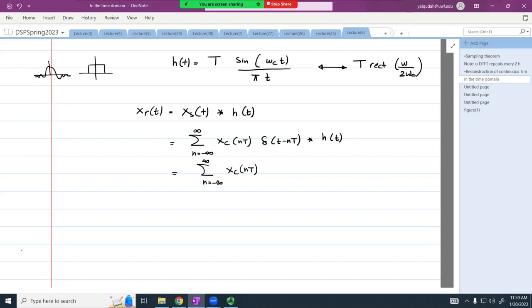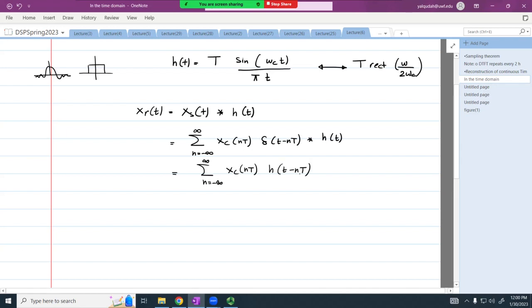Why? It's an impulse. Because by definition, h of t is the output of the system when I apply the delta. Applying delta is the same as saying delta convolved with h of t is the output. It is h of t. Correct? Everybody agrees. Delta convolved with h of t is h of t. Okay, if I applied this delta tomorrow, what should I get? H of t tomorrow, isn't it? So if I shift the input, the output is going to shift. So therefore, what is the convolution going to equal?